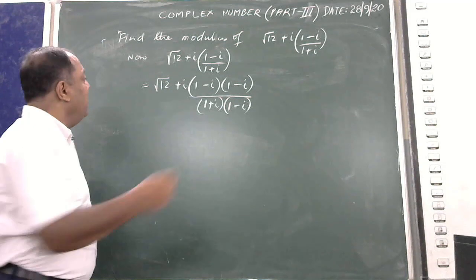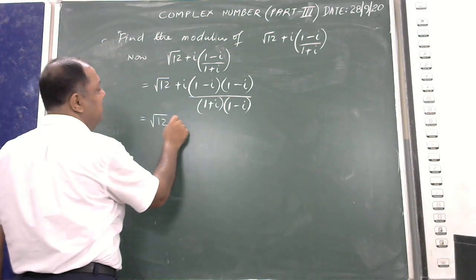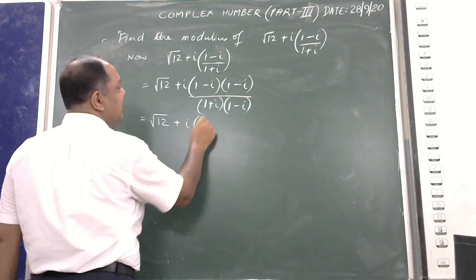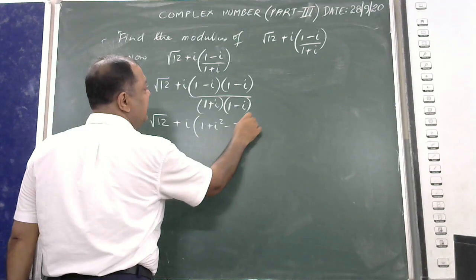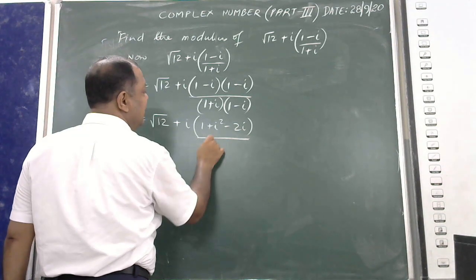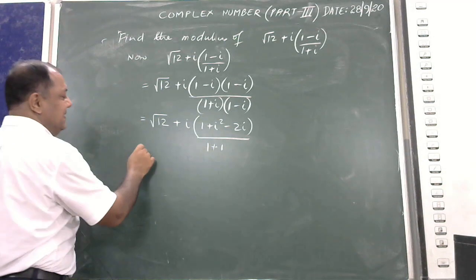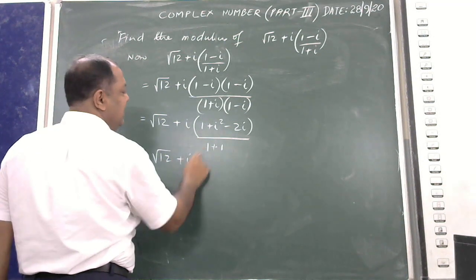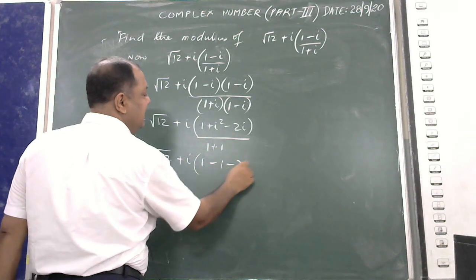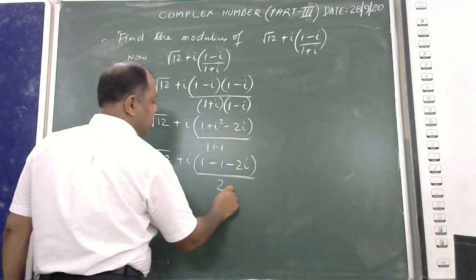So on multiplication it becomes root 12 plus i times 1 plus i squared minus 2i, divided by 1 plus 1. That is root 12 plus i times 1 minus 1 minus 2i by 2.